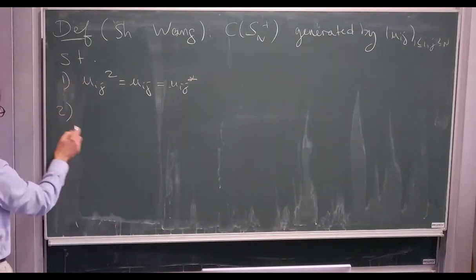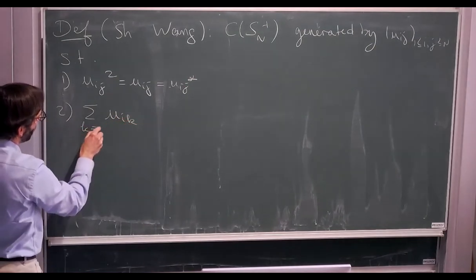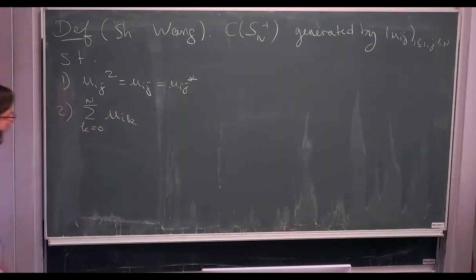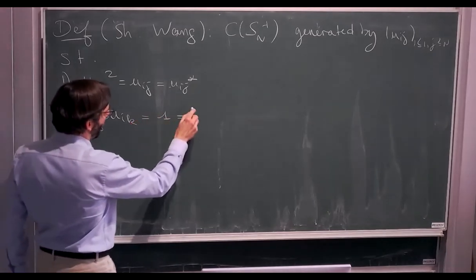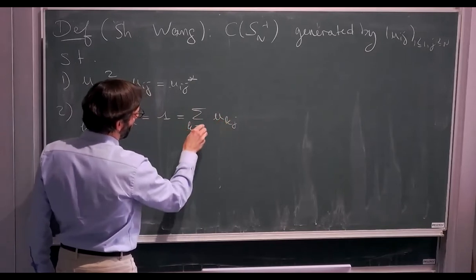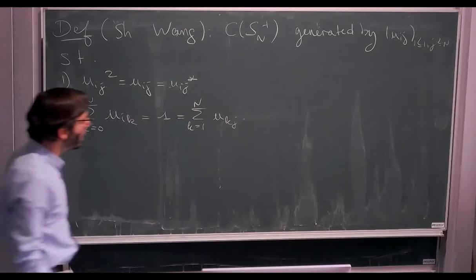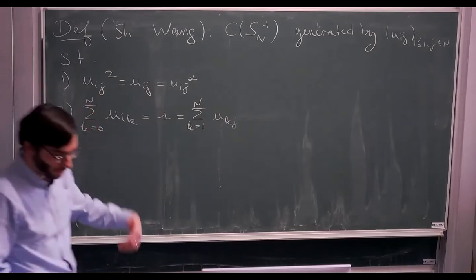And second, when you sum them over a row, you always get one, and same thing if you sum over a column. So projections, and when you sum them over rows or columns of the matrix, you always get one. It's a kind of magic matrix.